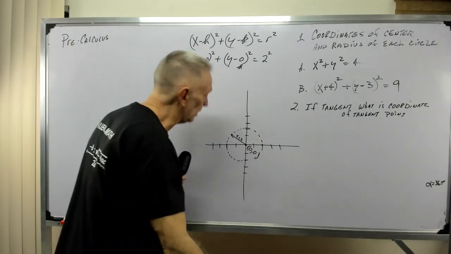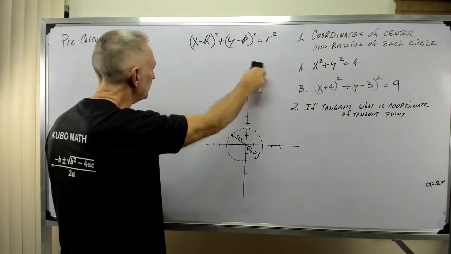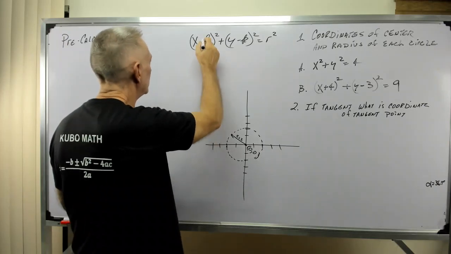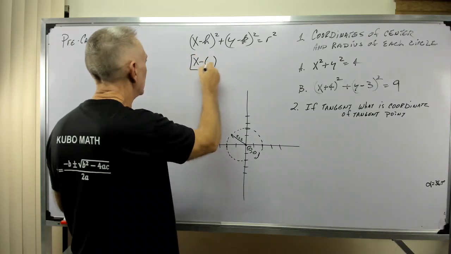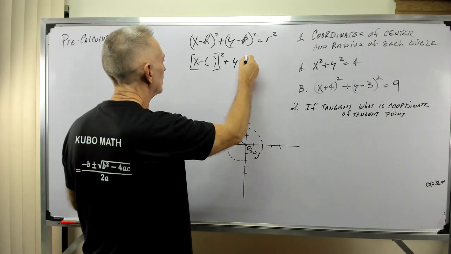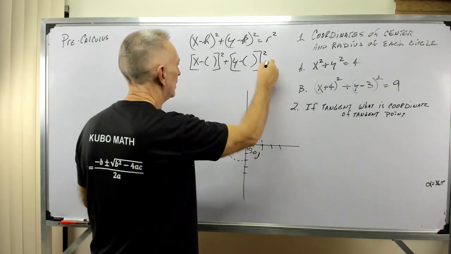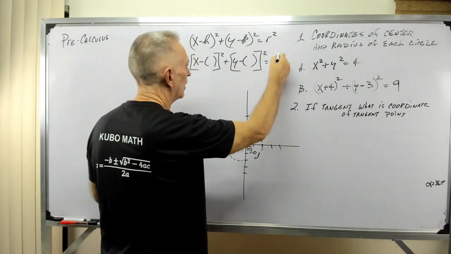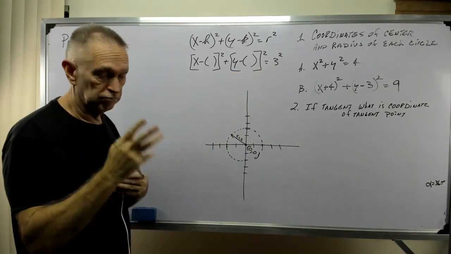Well, let's see. Let's erase this. We'll use that same formula. I've got x minus something squared plus y minus something, and all of that squared equals r squared. Well, I can see 3 squared would give me 9, so I can immediately see that r is 3.